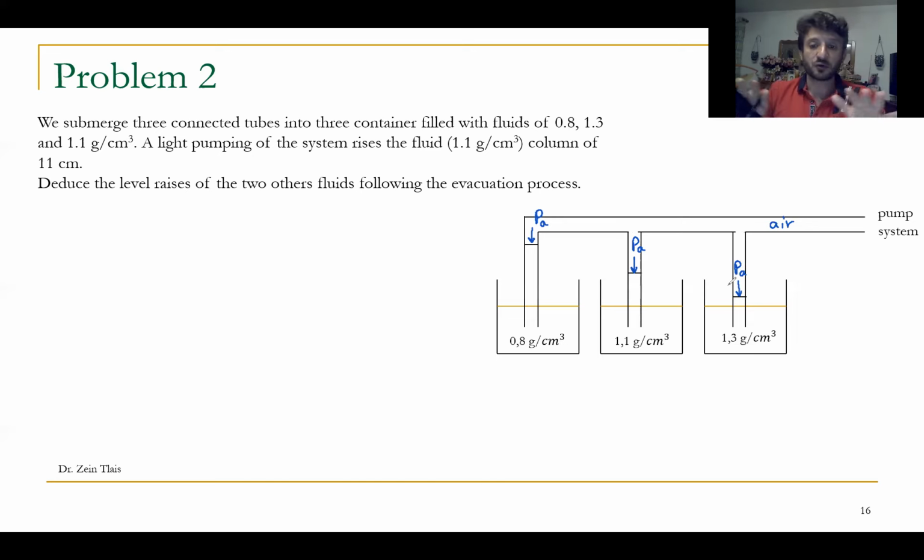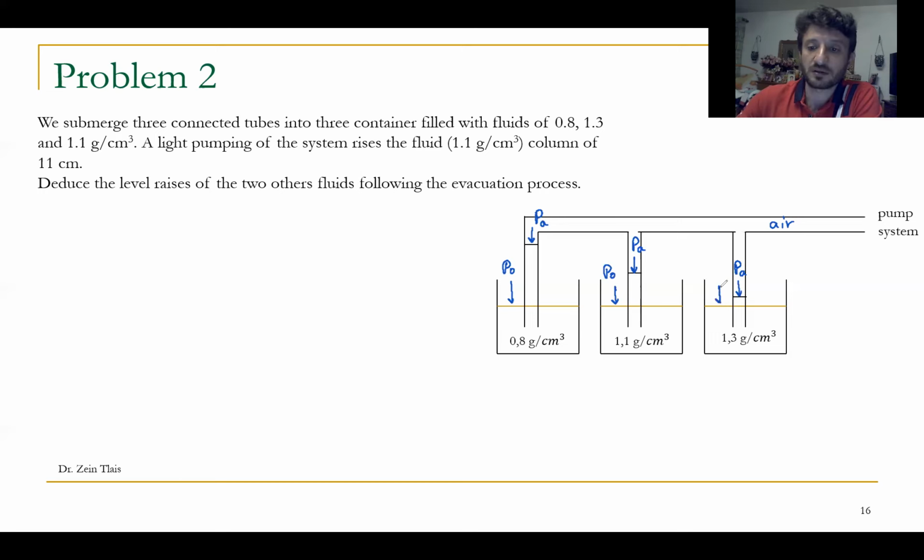So we have equal values of PA applied from the internal side of the system, and externally we have P0 applied by the atmospheric pressure, the same P0 and P0.